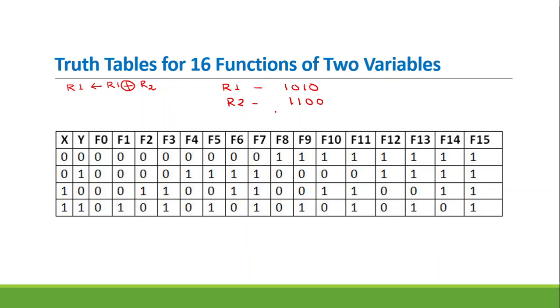So the content of the register R1 will be 0110. The content of R1 after the execution of the microoperation is equal to the bit by bit exclusive OR operation on pairs of bits in R2 and the previous values of R1.